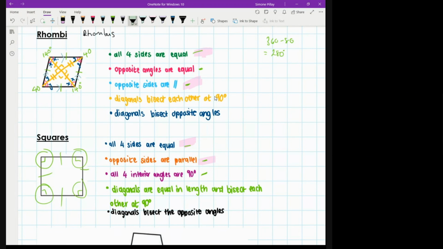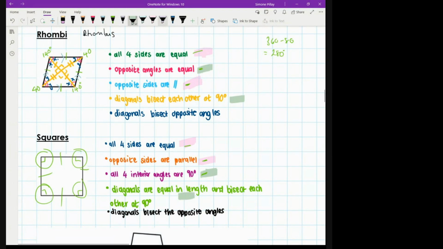And my differences, I'll do green. So that's a difference there. Here they've told me my diagonals bisect each other, but they have not told me that my diagonals are equal. So here my diagonals bisect each other at 90 degrees, sure, but here my diagonals are equal in length.